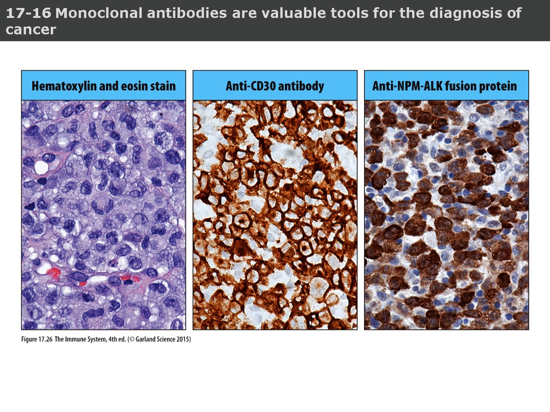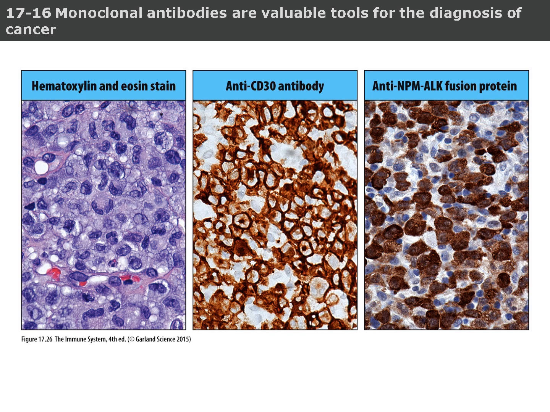This figure demonstrates how monoclonal antibodies are used in cancer diagnosis. Hematoxylin and eosin staining provides an overview of tumor cell structure. Immunostaining with anti-CD30 antibody highlights the presence of CD30-positive tumor cells, common in Hodgkin lymphoma and certain T-cell lymphomas.